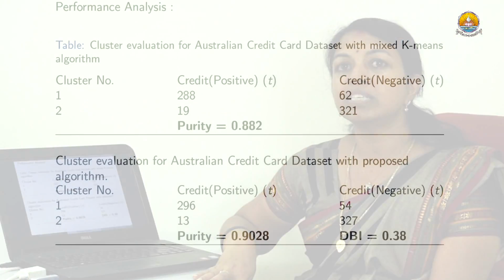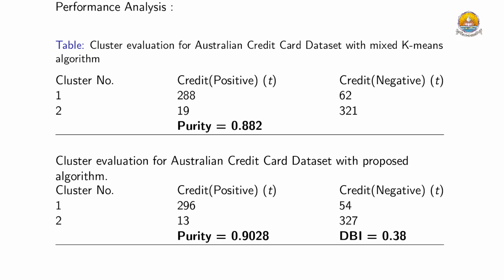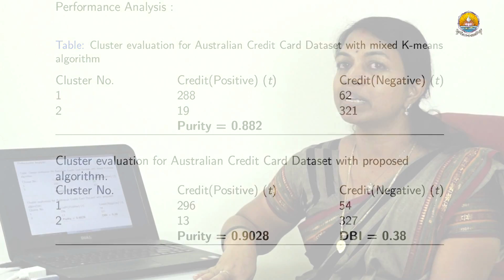So definitely the purity value is better in our proposed clustering method. Similarly, DBI, that is the Davies-Bouldin index, which I explained before, is 0.38, which is a lower value. It can have a value between 0 and 1, but 0.38 is a lower value. As I explained before, a lower value indicates better clustering. So this is definitely a better clustering as compared to the related work clustering, which is K-means.